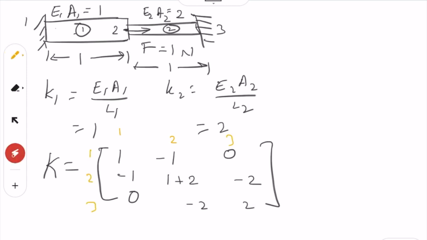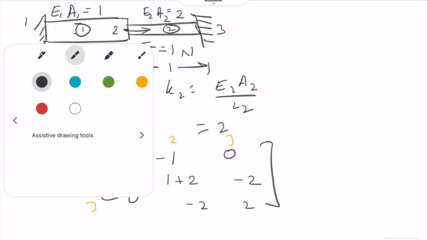The first element contributes to 1 and 2 only, so this 1, this minus 1, this 1, this went here. Then the second one goes to 2 and 3, so 2 here and 3 here, so this went here, and the rest we put 0. Here both have a common node, so you have 1 plus 2. So we got K.